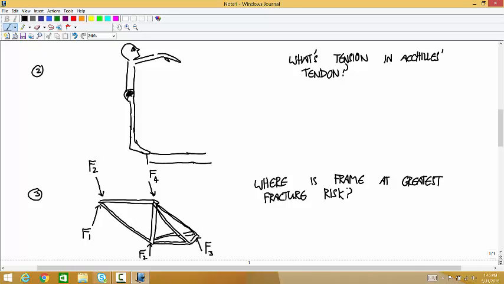So obviously bike companies spend a lot of time and money on analyses like this. The analyses that they do go into the calculations that you start talking about in deformable bodies. But just from using statics, we can figure out a lot of the important information that goes into this kind of analysis. So this is kind of the world of calculations that we're going to go into in this class.